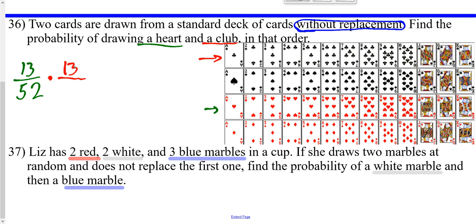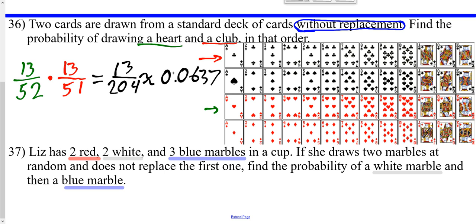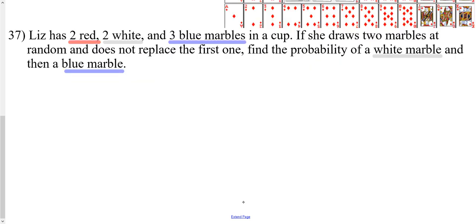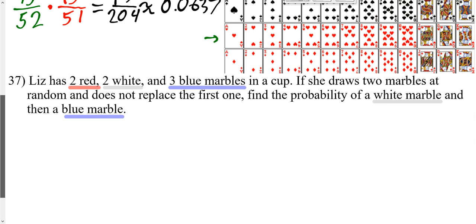But because we're not putting that first heart back in, there's only 51 cards left to choose from. So now if you go ahead and multiply this together, you would get 13 out of 204, which is about 0.0637.